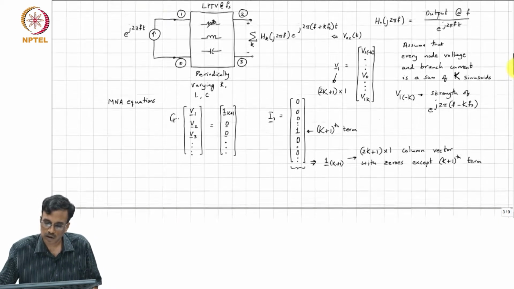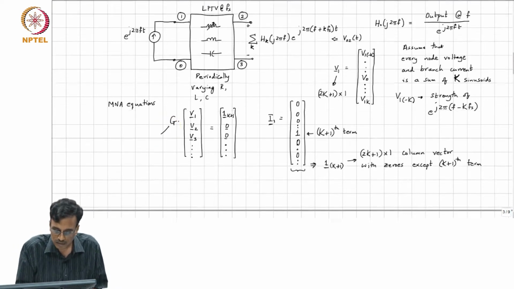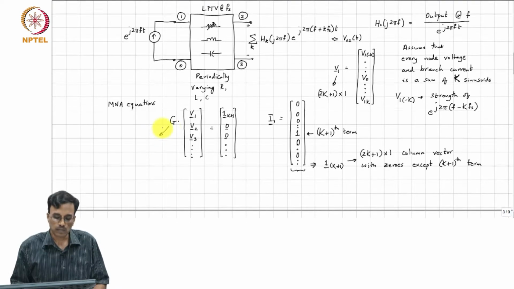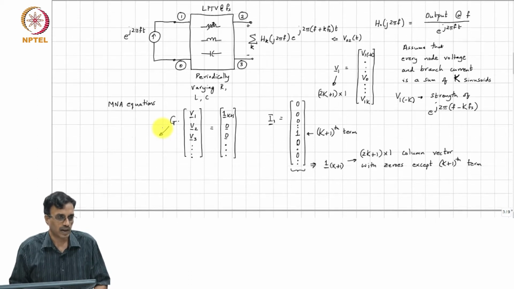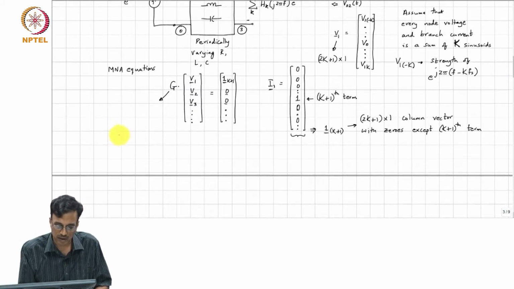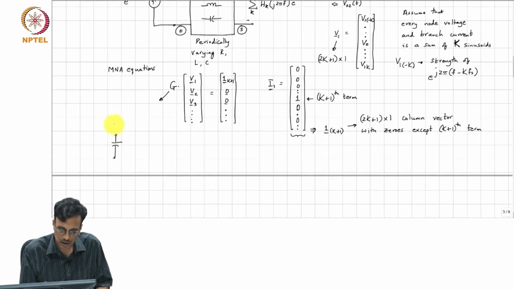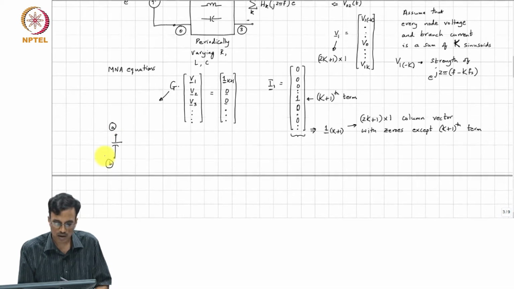And what is G? G is again the sum of the M&A stamps of all the elements, right. And what is the M&A stamp of a capacitor connected between nodes say A and B? Yeah, very good. So, what will we do?